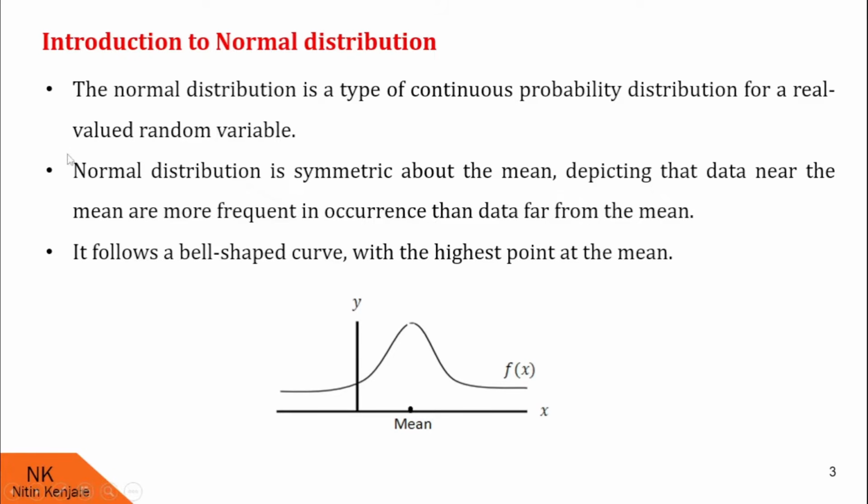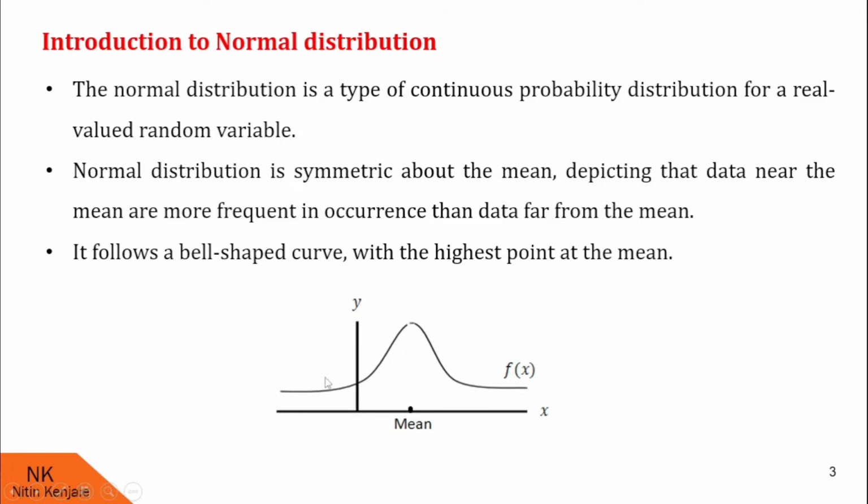Let me help you understand these 2 points with this graph. Here, the x-axis represents the random variable. It takes real values. Here is its mean, and this curve represents its probability mass function, f of x.